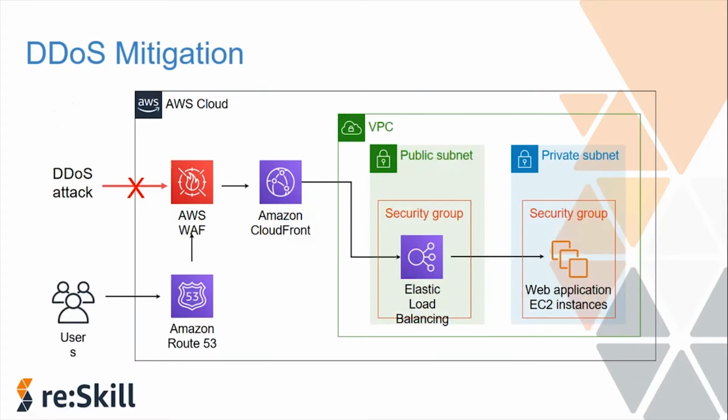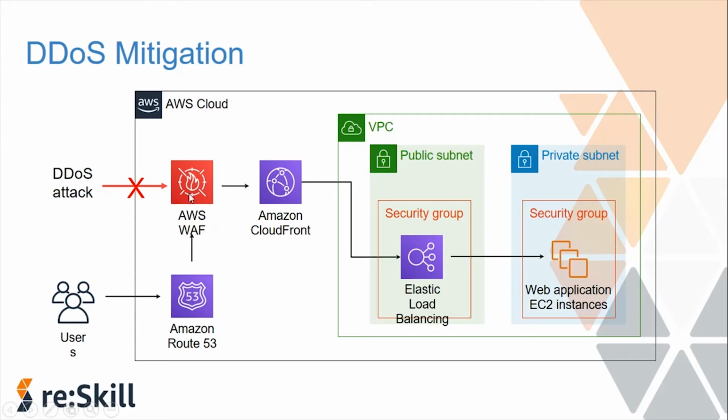So let's have a look at a sample architecture where we are using AWS WAF. This is how it is protecting our overall application architecture. Route 53 is sitting here to receive all the user requests and perform the DNS resolution. And once the requests are trying to go into the backend, here we have placed a WAF firewall, and what it will do is check whether the IP address from where the request is coming is allowed in the web ACL or not.